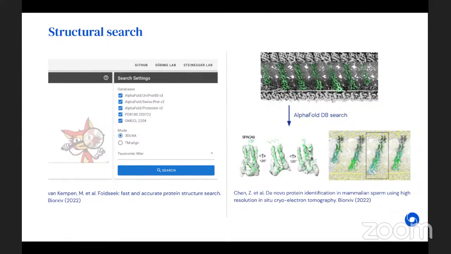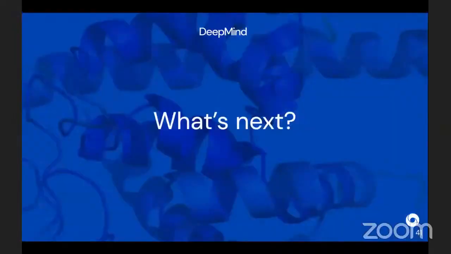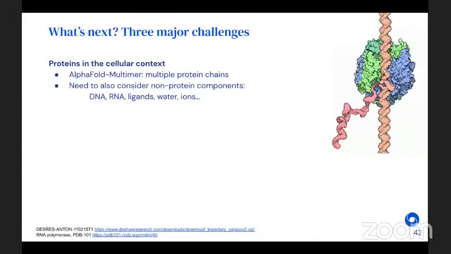Cool. So what's next? Are we done yet? I think this is just the beginning of this journey of AI in structural biology. The first thing we should do is understand proteins in the context of the cell. In the cell, there are not just single proteins or anything like that. There are all sorts of things.